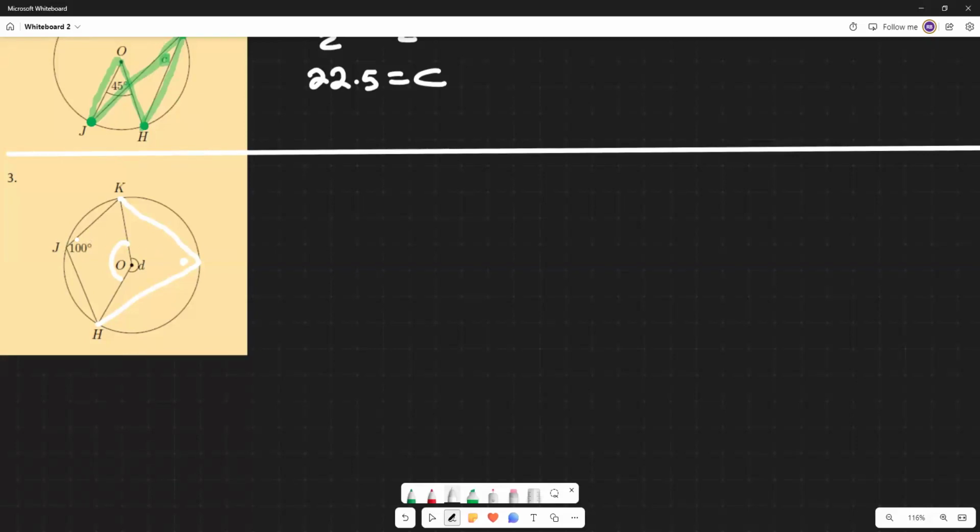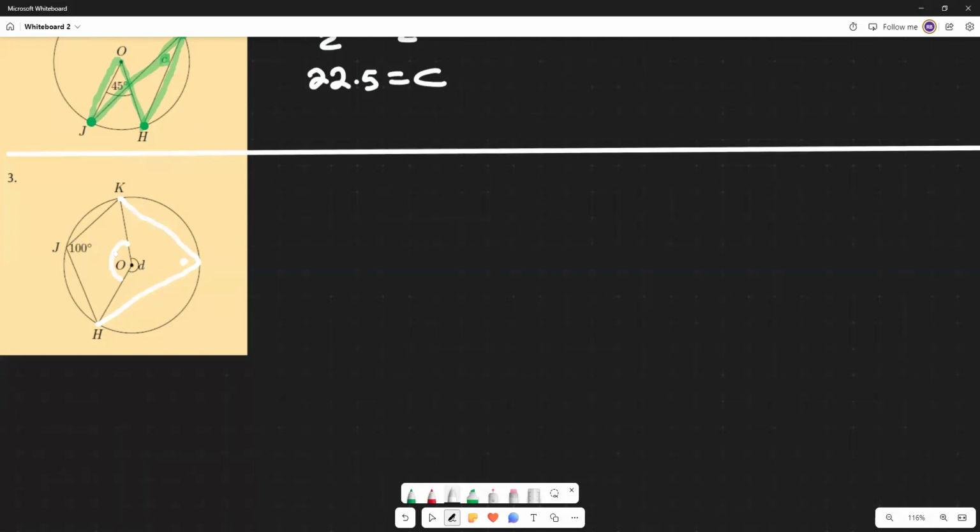If it's bigger than 90 on the circumference, it must go with the one that is bigger than 180 on the center. I'm sure it makes sense, ladies and gents. If the angle is bigger than 90 on the circumference, it goes with the one that is bigger than 180 on the center.